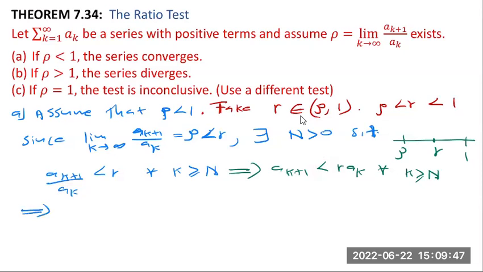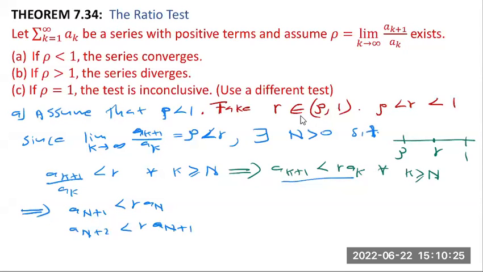This statement implies a_(n+1) less than r times a_n. This is true for all k greater than or equal to n, so I can plug in n plus 1, n plus 2, n plus 3, and so on for k. So I should also have a_(n+2) less than r times a_(n+1). I'm replacing my k by n plus 1 in this case.